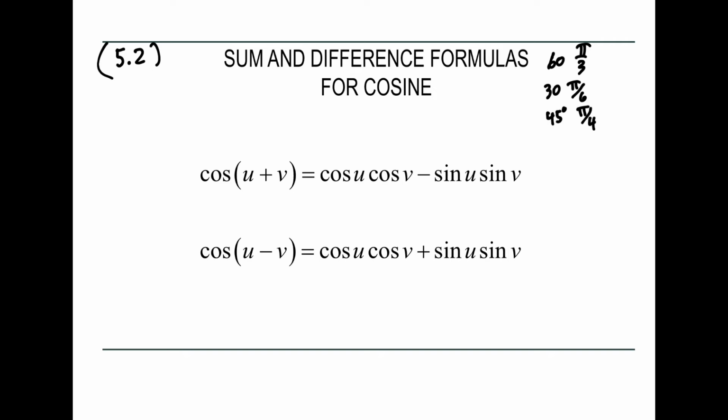Then we have the 90s and the zeros and all the other ones. These produce exact values that we can use rather than decimals that we have to round.